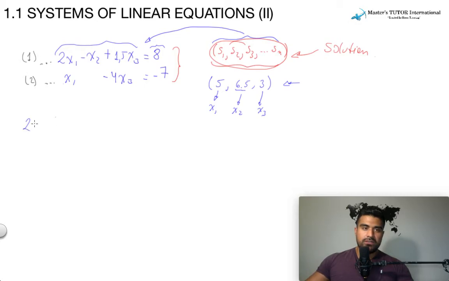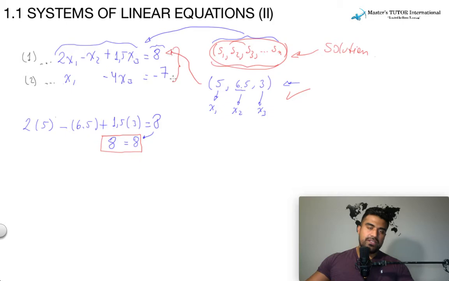So we have 2x1, where x1 is 5 now, minus x2, where x2 is 6.5, plus 1.5 x3, where x3 is 3, equals 8. If we solve this, we see that all this is equal to 8. Then we see that this statement is true: 8 is equal to 8. So these values make the first equation a true statement.